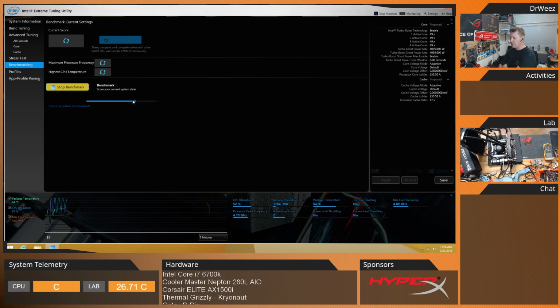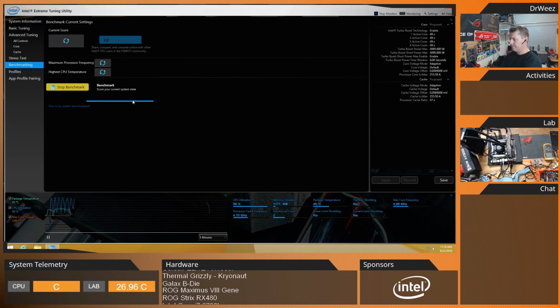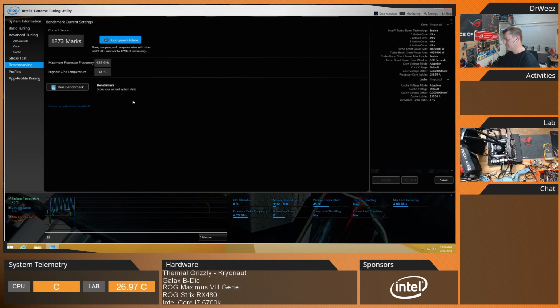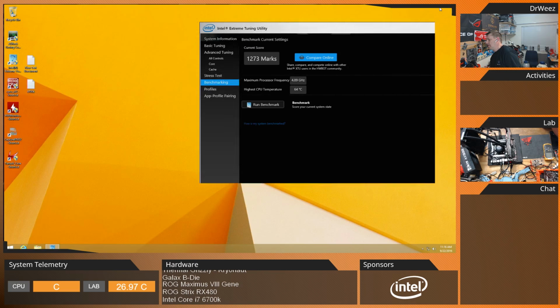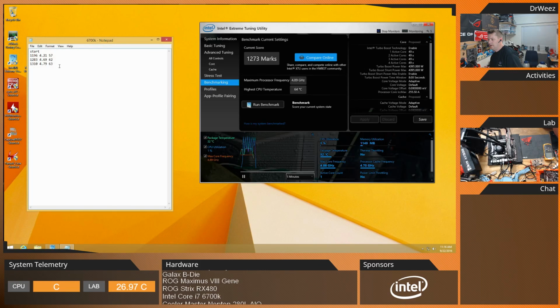Alright, so the extra voltage has definitely helped us nudge it a little bit further, and we are able to run XTU at 4.9 gigahertz. Okay, but now you'll notice something else. Our score has decreased.